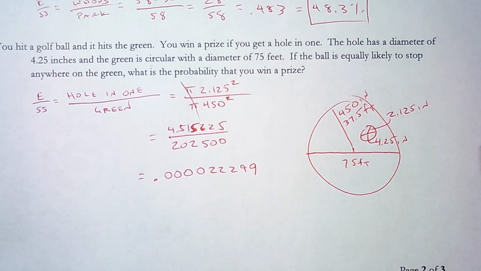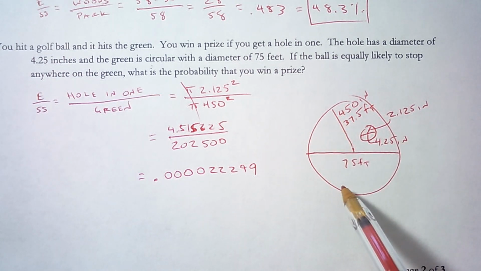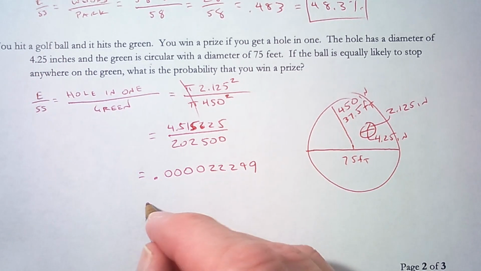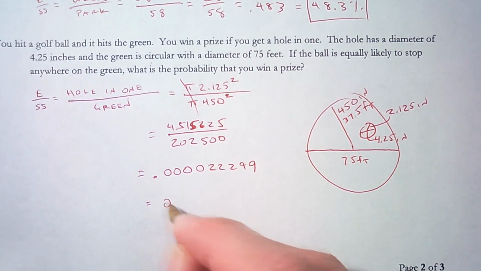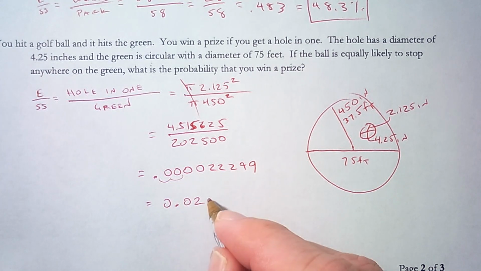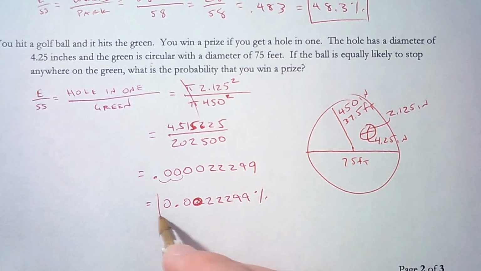If you've ever golfed, you know you are not certain to get the ball on the green every time. But if you are certain to get the ball on the green, the probability that it will end up in the cup is 0.0022299. And I'll move this 2 places, 0.0022299%.